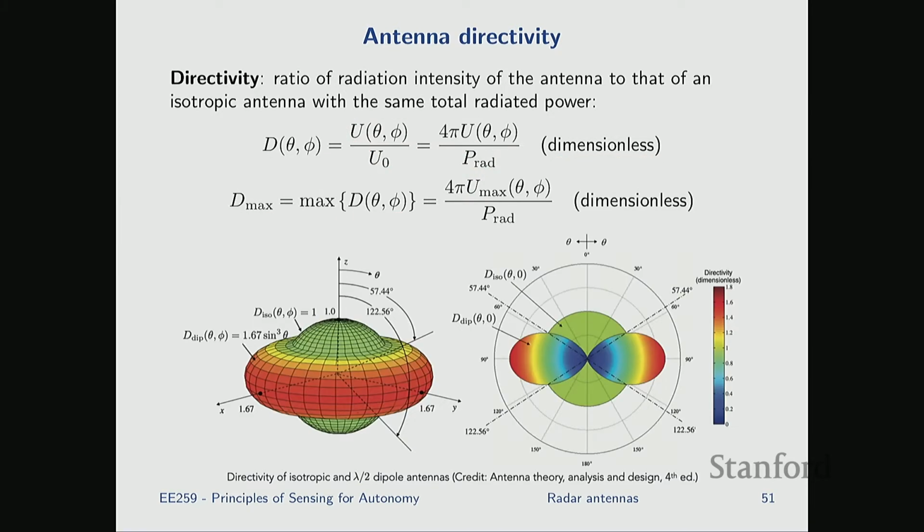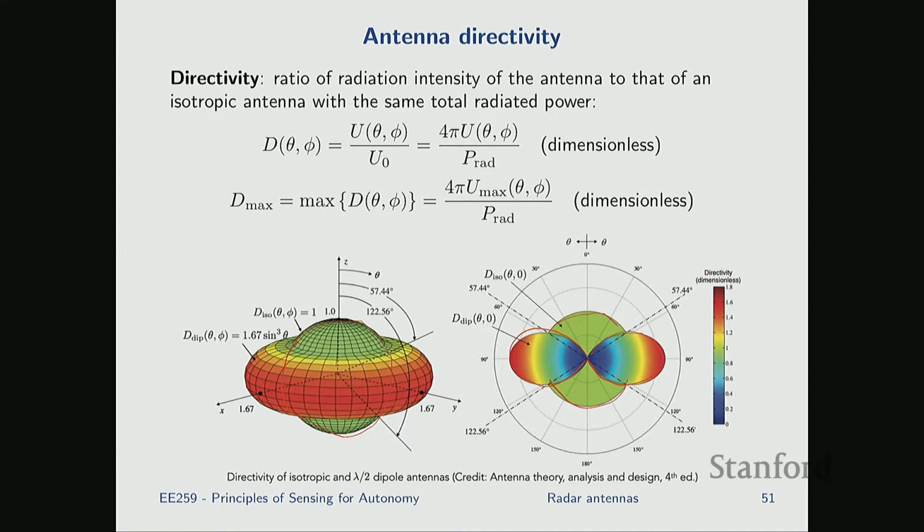Here's an example. This is an overlay of two radiation patterns, so that's why it looks a little funny. But you have this sphere, which is the isotropic antenna, and then we are overlaying it with a dipole antenna, which is this donut-looking thing. So the cross-section is like you have the circle, and then you have your little donut-like cross-section for the dipole antenna.